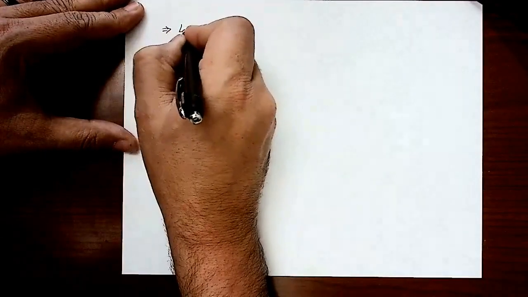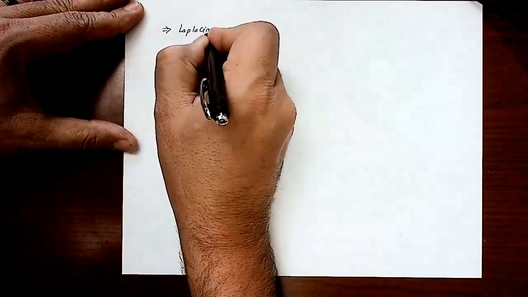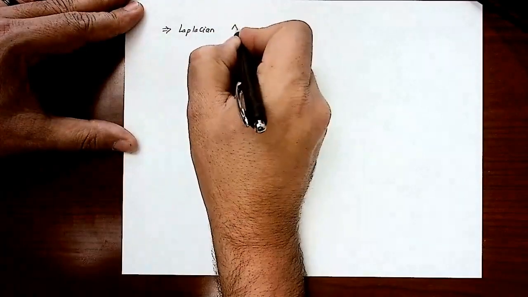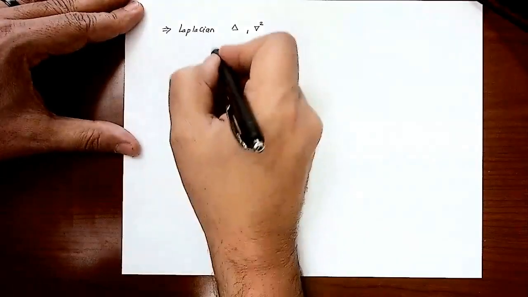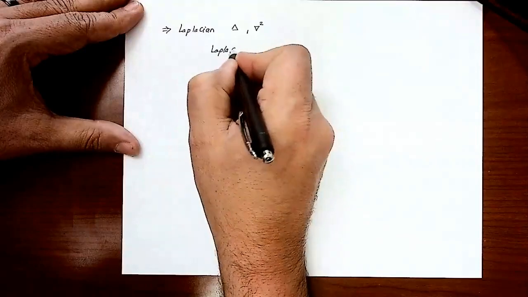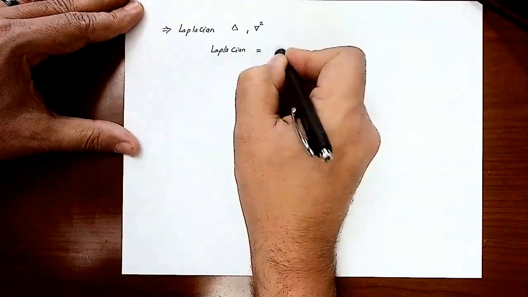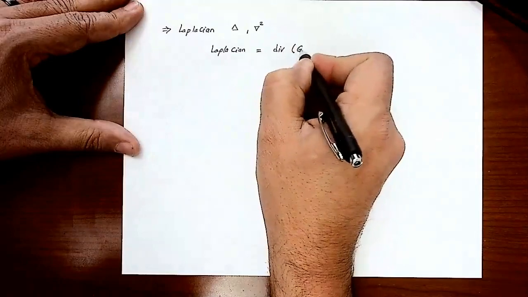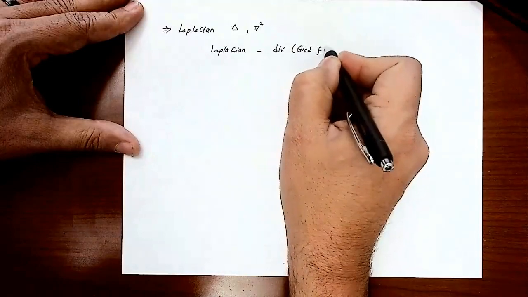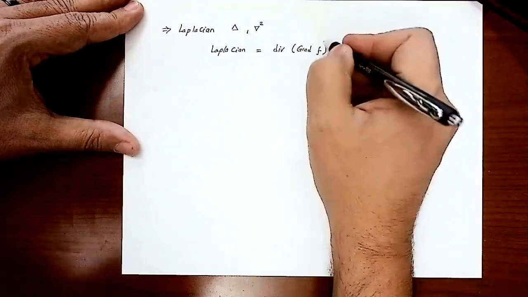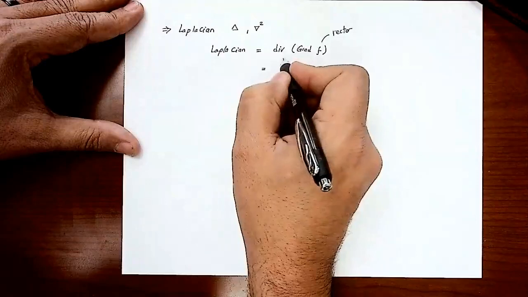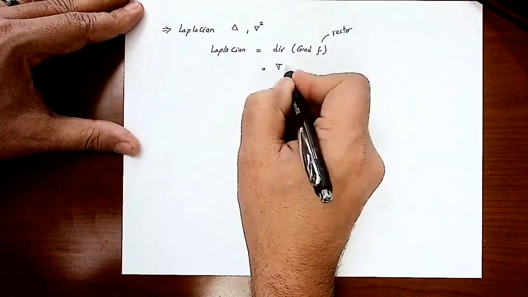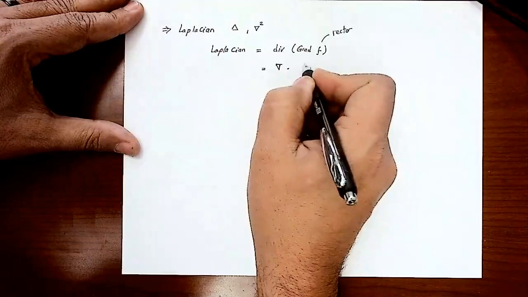The Laplacian takes the symbol delta, or it's actually nabla squared, and it's simply the divergence of the gradient of f. So it's nabla dot, but this time it's not directly the divergence of the vector.